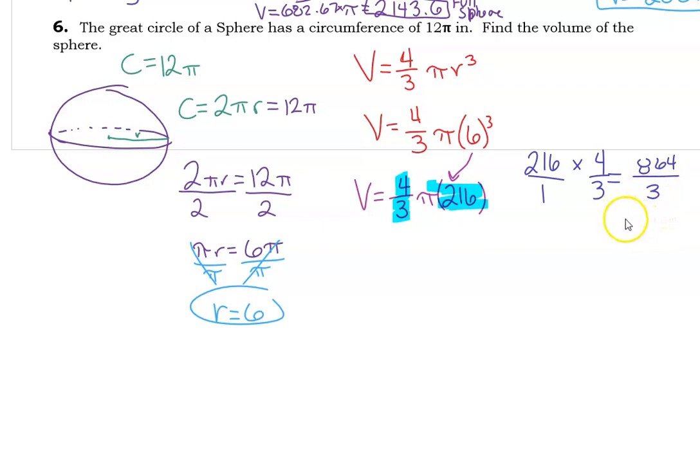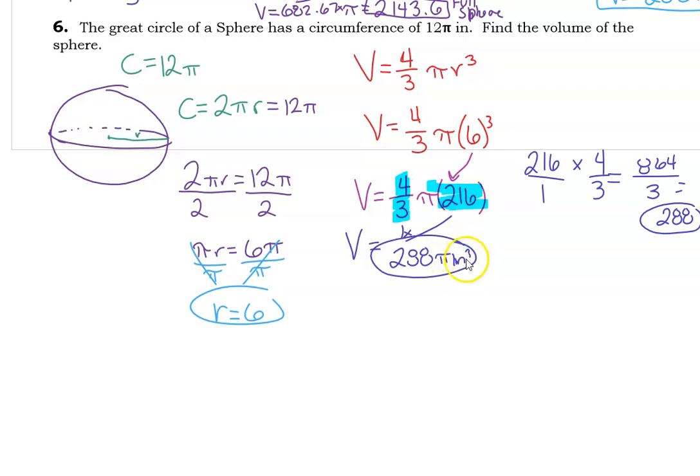Now divide by 3, and we get 288 as my whole number. So when I combine these two, I multiply them together, I got 288 and then a pi on the end, and that's my answer. This is also in inches cubed because volume.